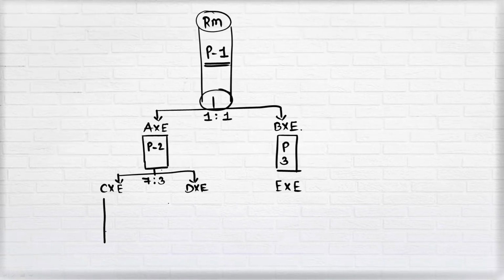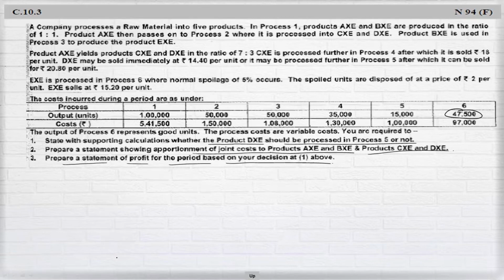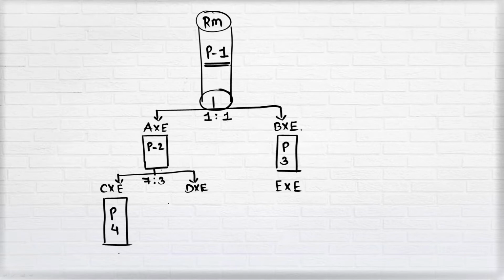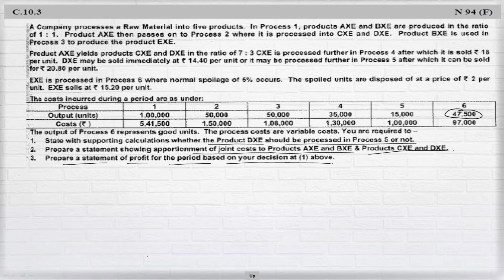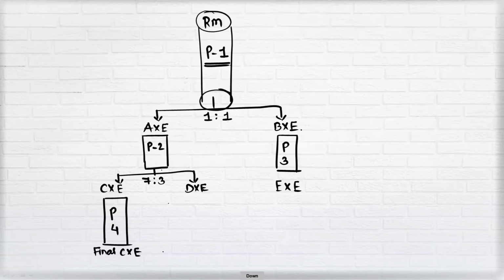So here there is another process which is P4, and CXC is processed further, after which it is sold. What is the name of this product? They have not given. So we can write down final CXC, after which it can be sold at rupees 18 per unit.